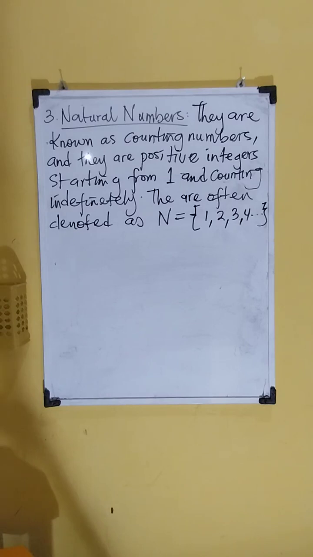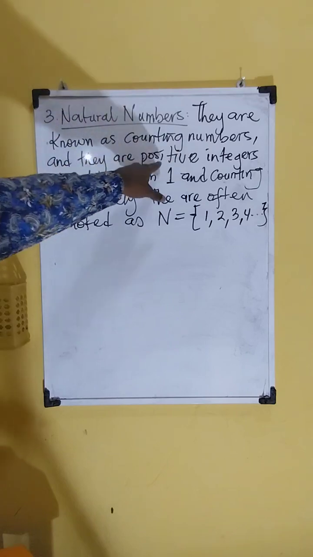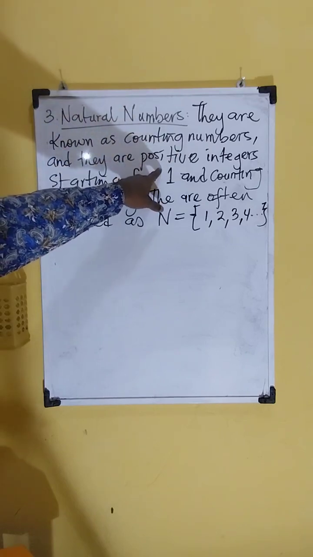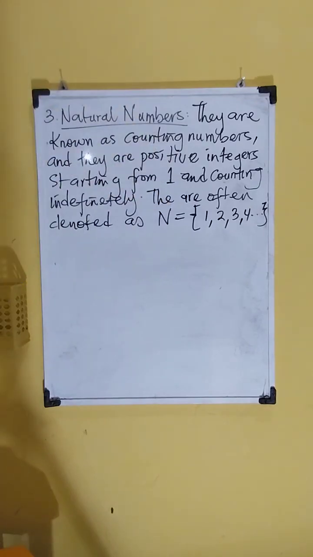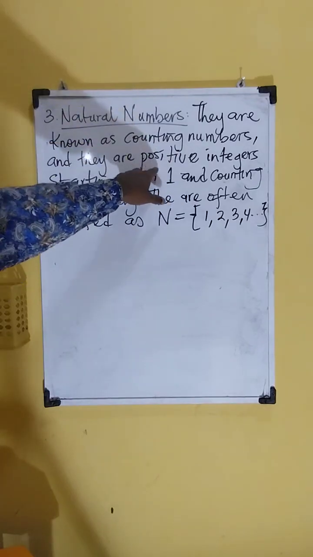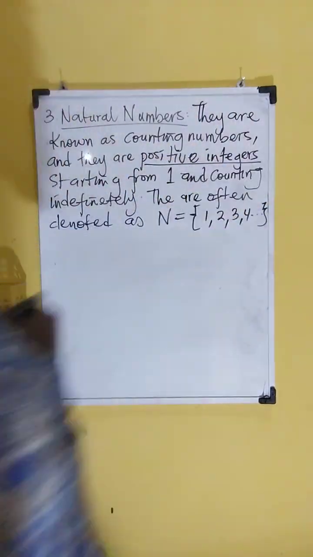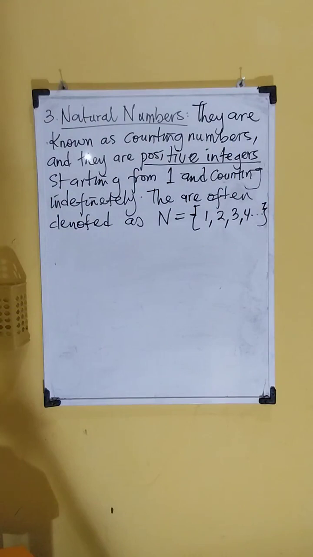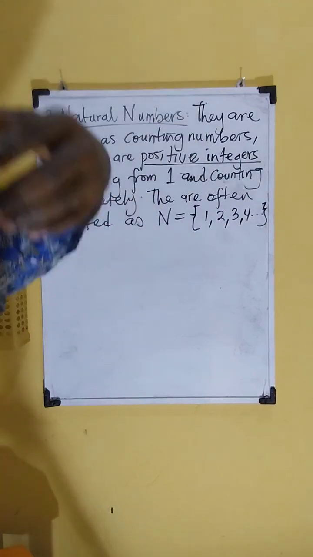But natural numbers are classified as counting numbers, and they are positive. This one does not have a negative value amongst it. So all natural numbers are positive integers. Take note of that. It starts from the number 1 and counts to infinity.